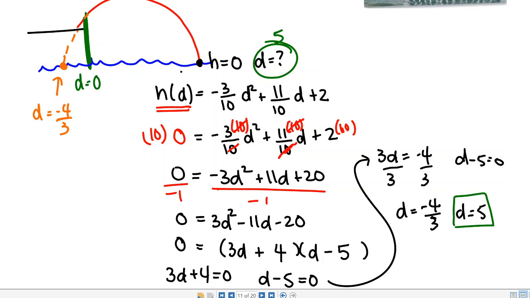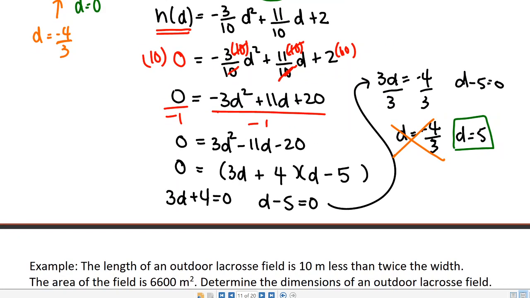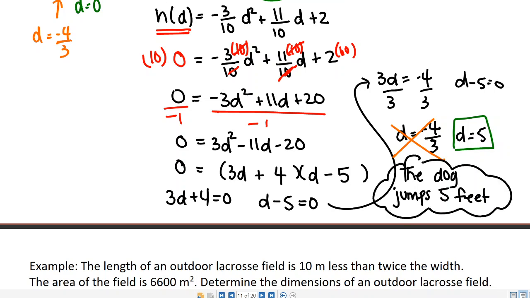But that situation doesn't actually exist in the context of the question, so we're just going to throw that value out. Anytime you have a word problem, you have to make sure that you're not just going with the answers you get, that you're actually checking them in terms of the question. So to determine the horizontal distance of the jump, that tells us that the dog jumps 5 feet, which is our final answer here.